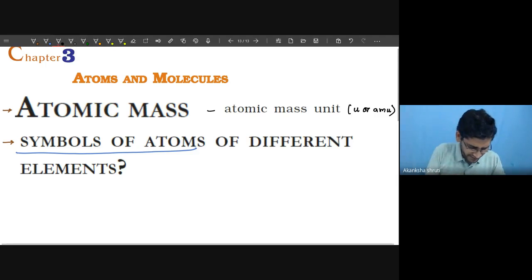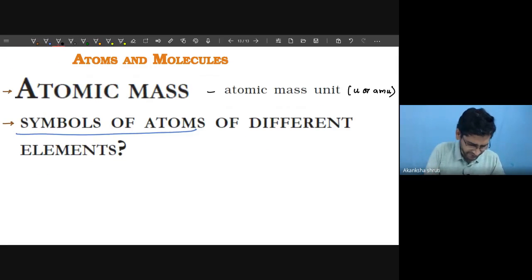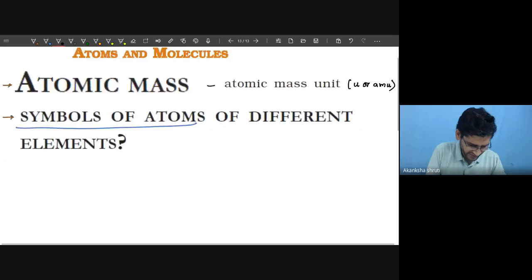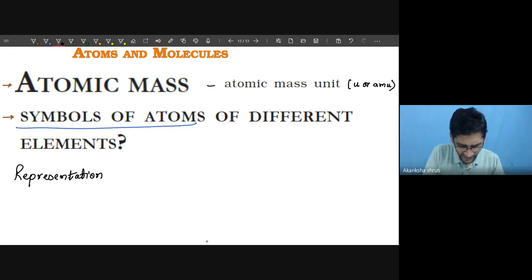So students, representation of an element in symbol form.